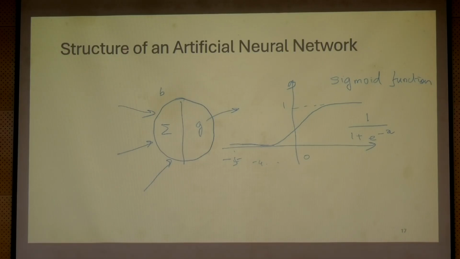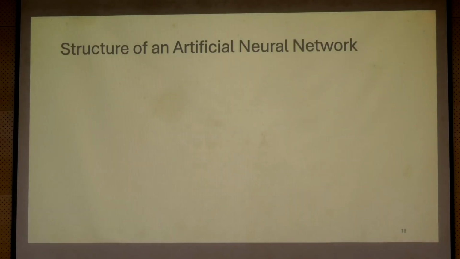In this presentation, we are not going to look at such a structure, rather we are going to look at a neural network. So what is a neural network? A neural network comprises multiple neurons. Let us say there are 3 neurons. To the left of the 3 neurons, I have inputs.